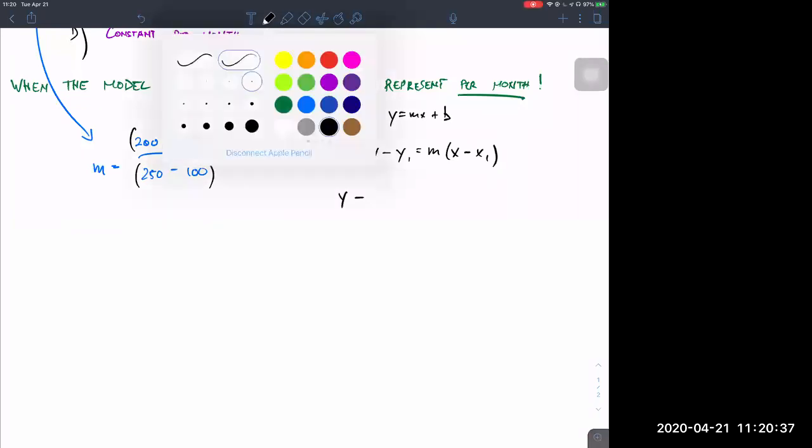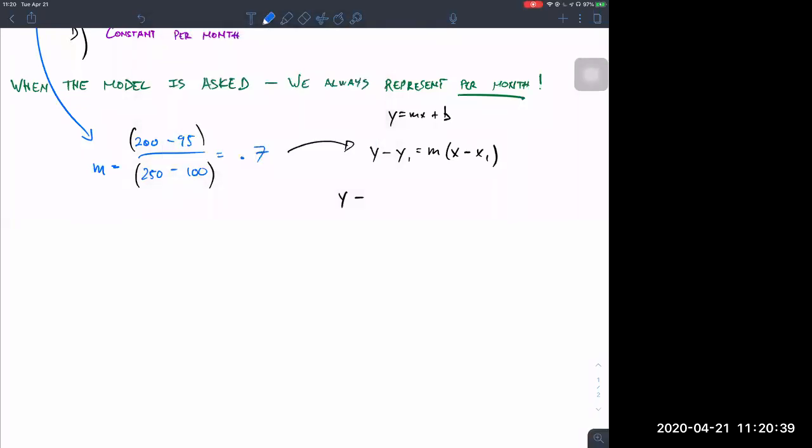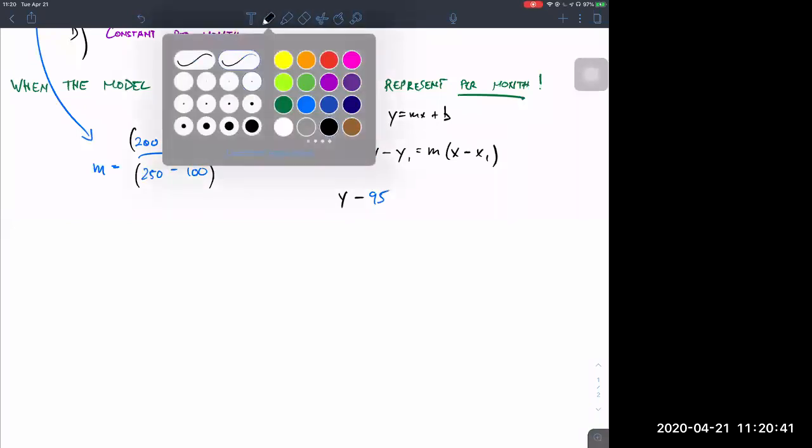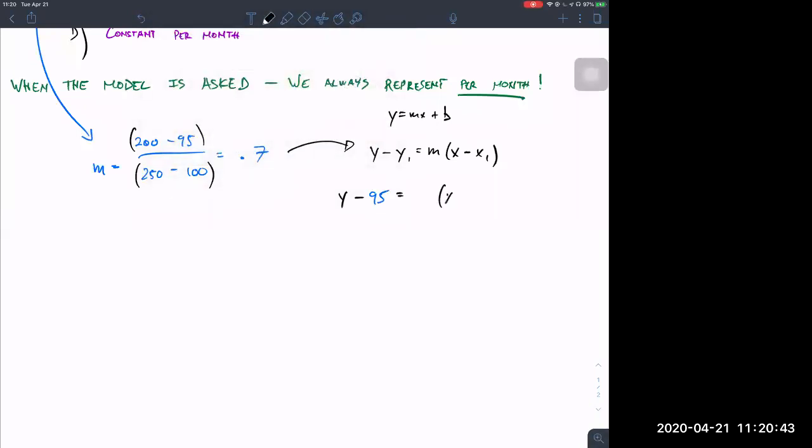Y minus, what is that, 95 equals 0.7 times x minus 100, with parentheses. Number 2 mistake that students make here is that they remember to write all this perfectly fine, but then they forget to distribute this way.